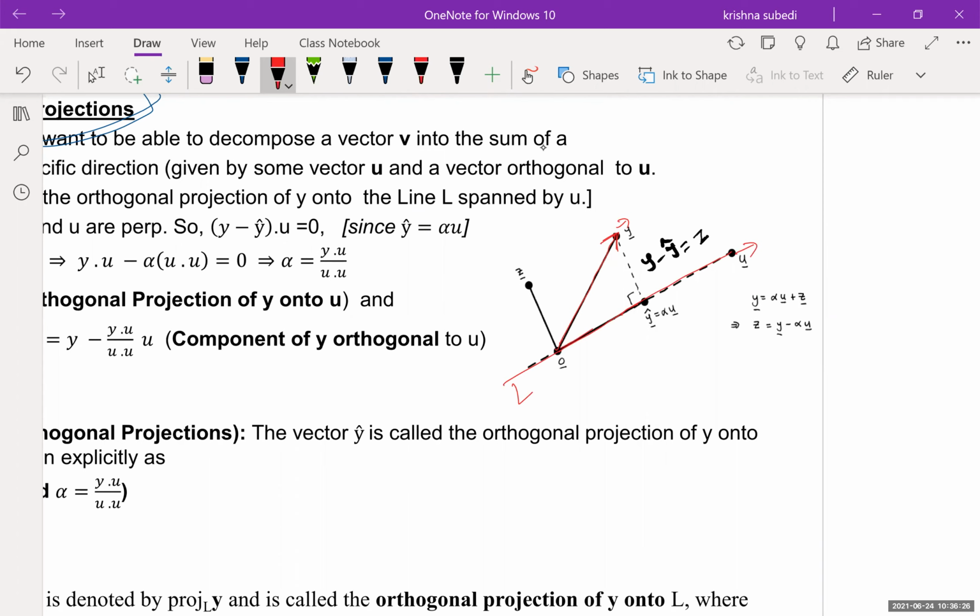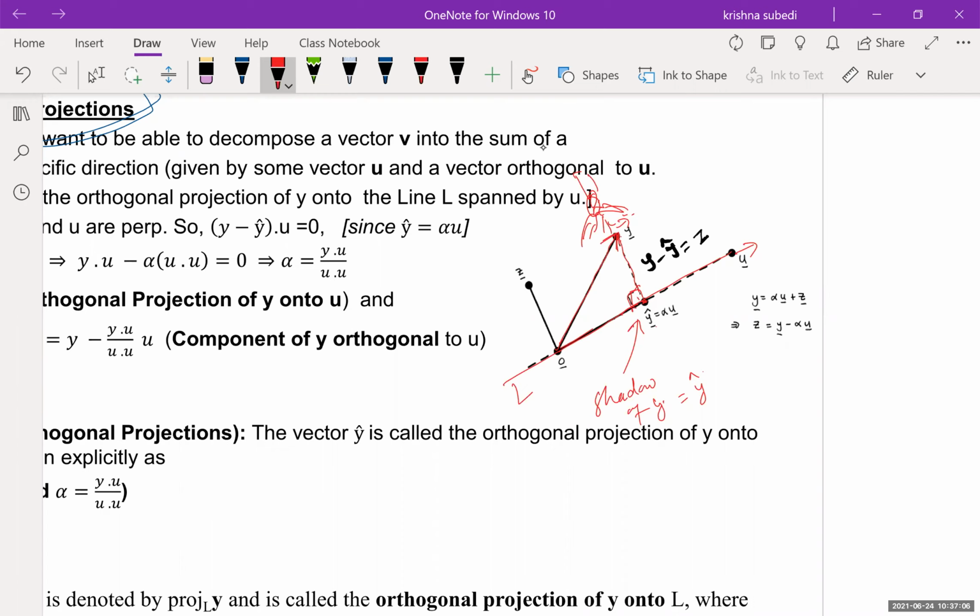Now, if I use my torchlight to look at this, you notice that the shadow of this point will be here. This is the shadow of this y, and we denote that by y hat. We denote the shadow of y on the line u by y hat, meaning this one is perpendicular.